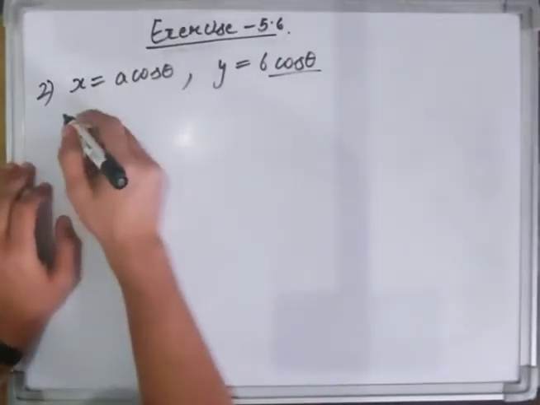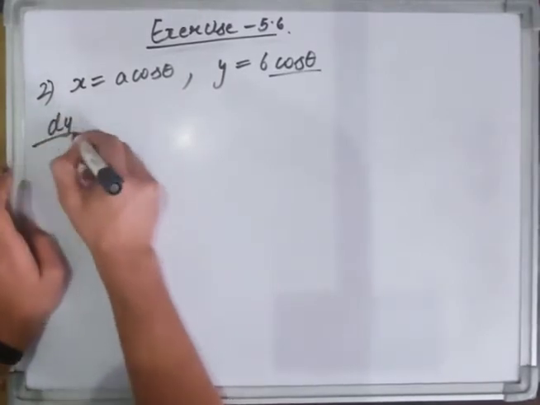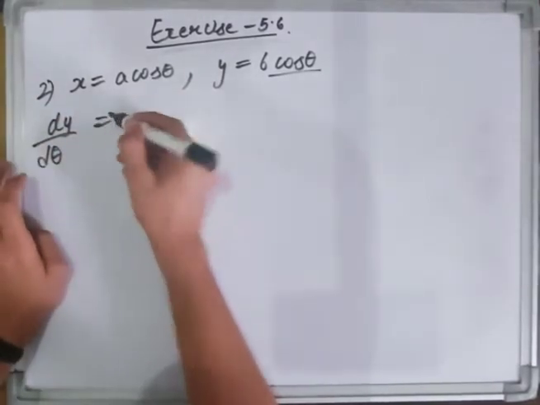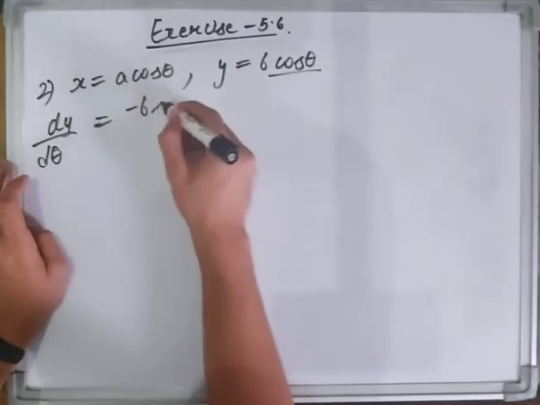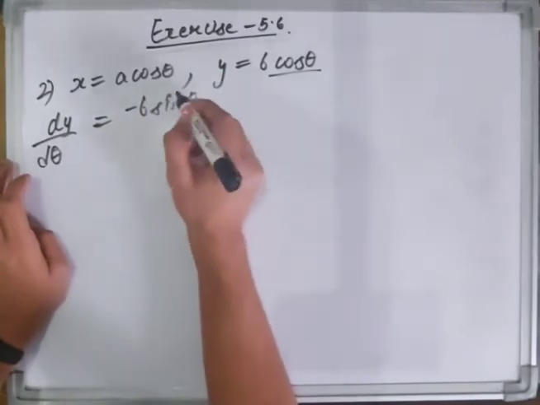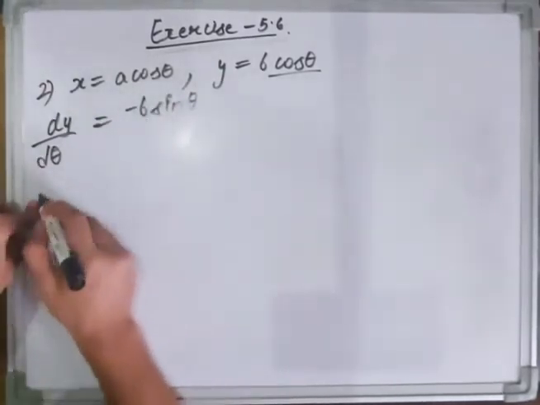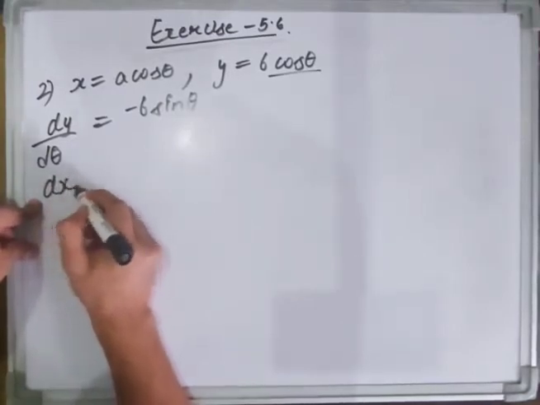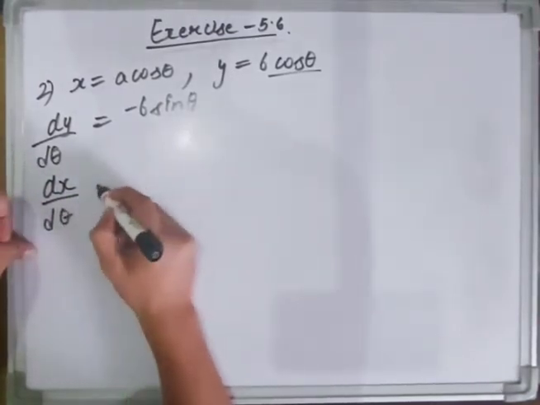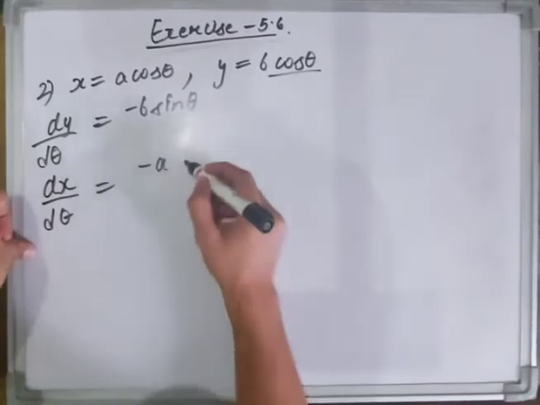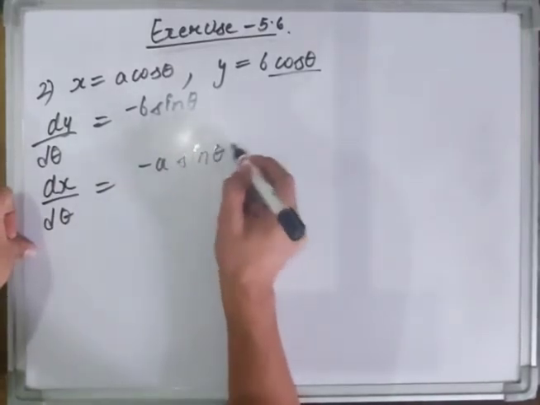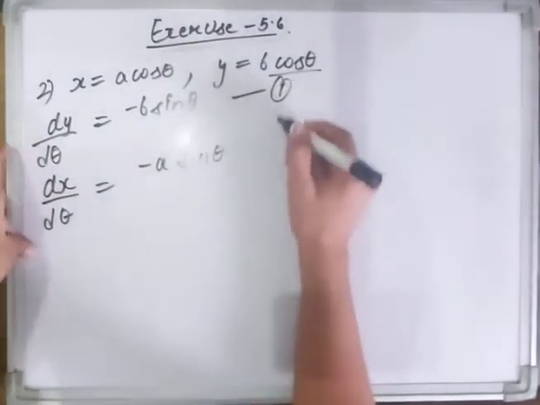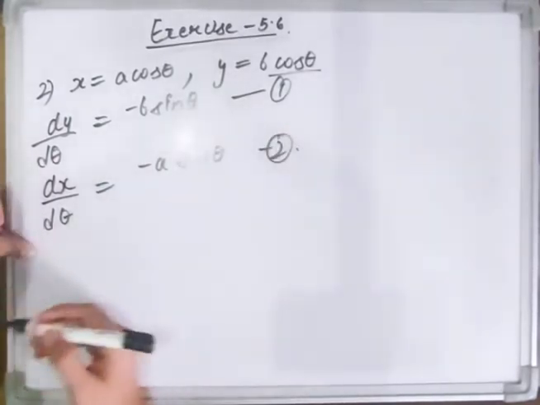So this time dy upon d theta we have minus b sin theta, and dx upon d theta is minus a sin theta. This is our first equation, and this is our second equation.